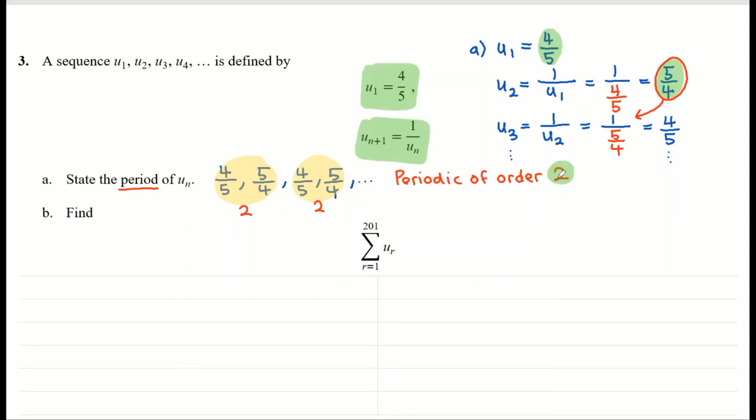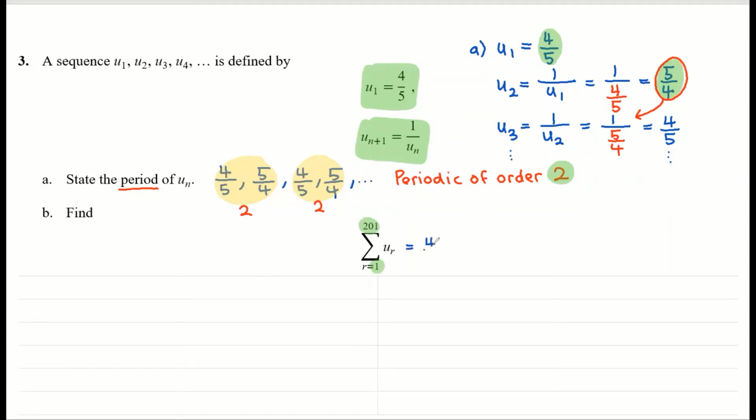Now we've stated the period, we can now find this summation. Now the summation looks tricky in this instance because we're summing from 1 to 201 this time. Right, let's just write out what's going on. We've got the sequence generated, so let's see if we can see some nice patterns here.